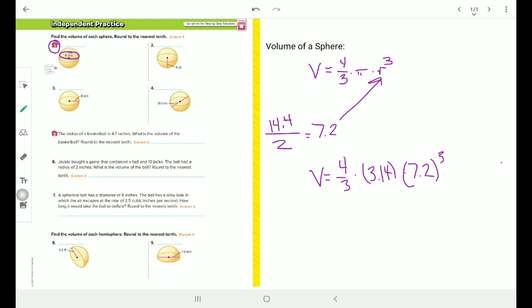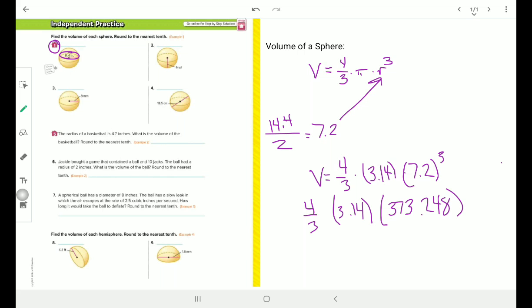Now we can start to solve this out and plug it into our calculator. 7.2 cubed gives us 373.248, and I can multiply that by 3.14 and then by 4/3 at the end.